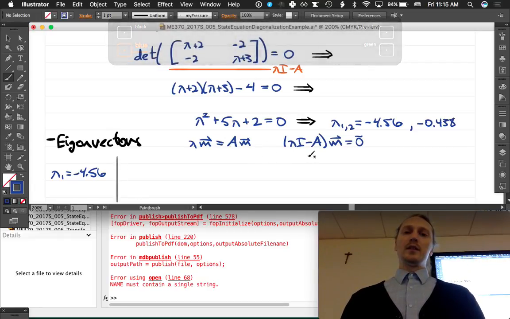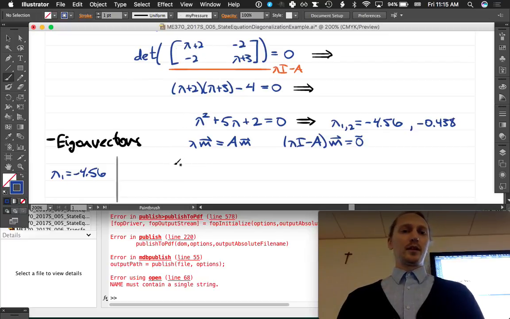So all we need to do is plug in lambda 1 into this expression. Just get rid of the determinant, though. We don't want the determinant, and we want an m here. So it's not the same equation, it's just the same matrix.